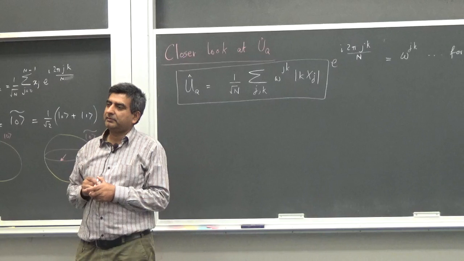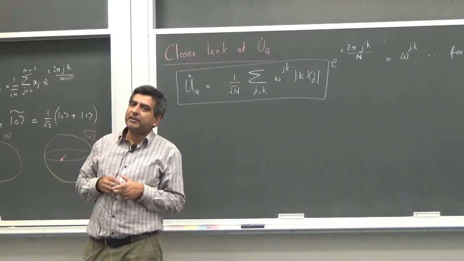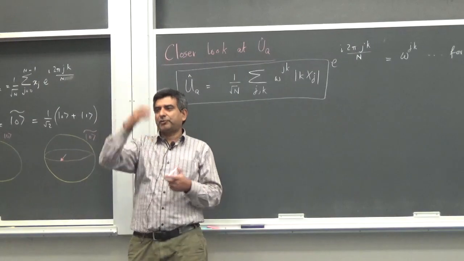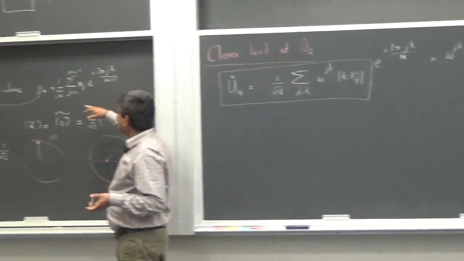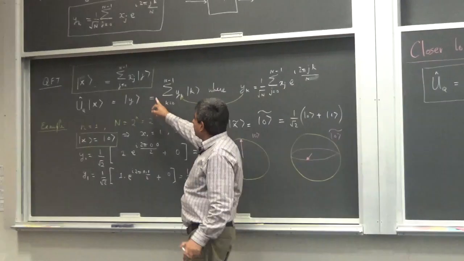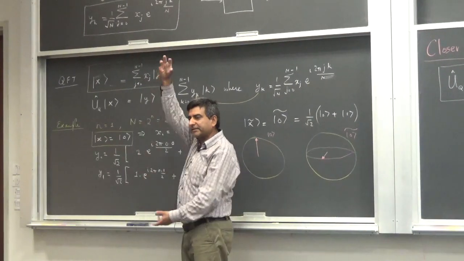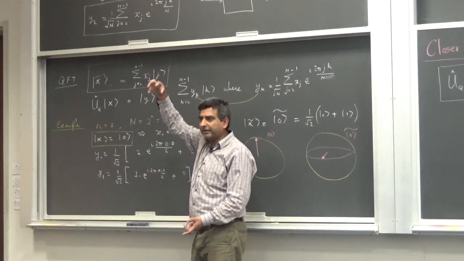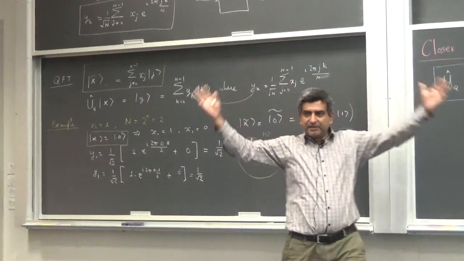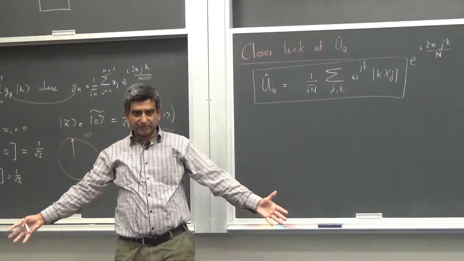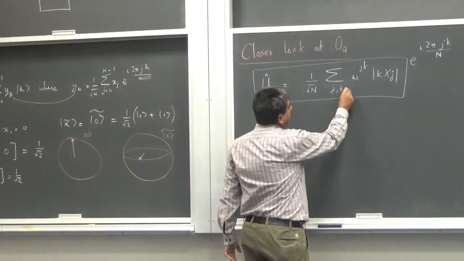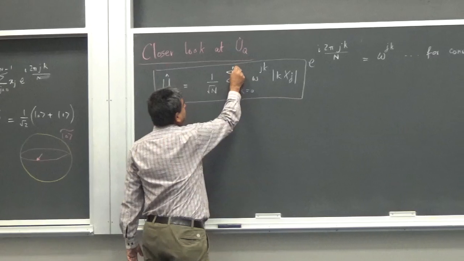Suppose there are capital N entries, or small n. Capital N, right? So this must be an n by n matrix. It must have n squared entries, right? So each one of these j, k goes from 0 to n minus 1.